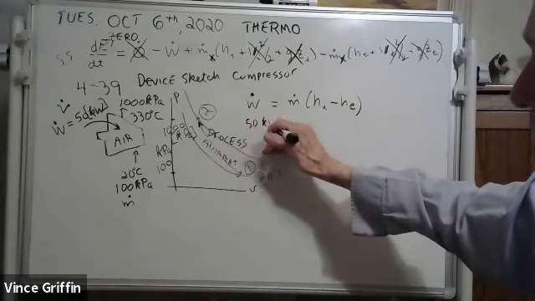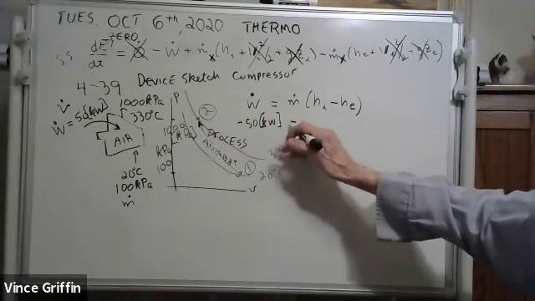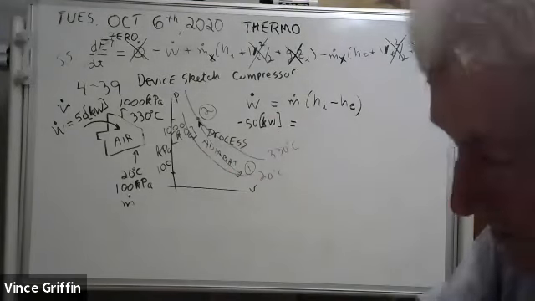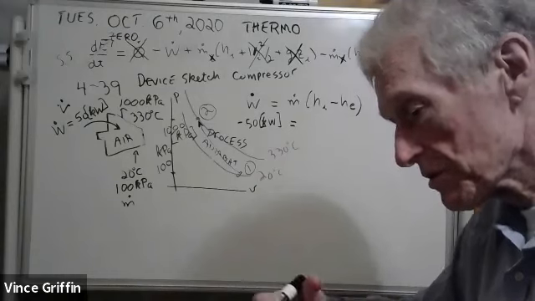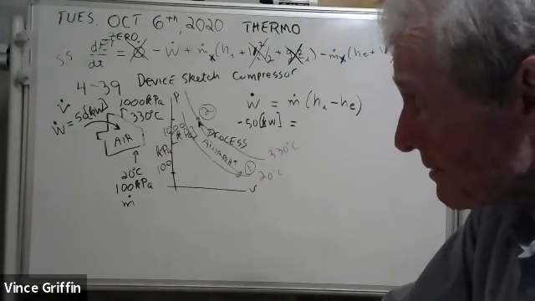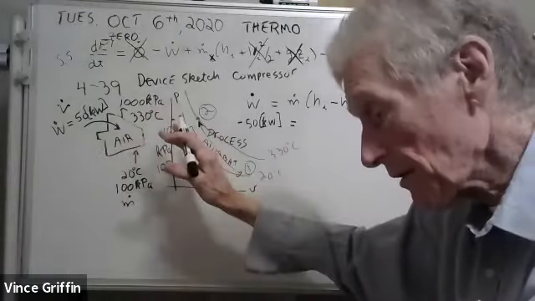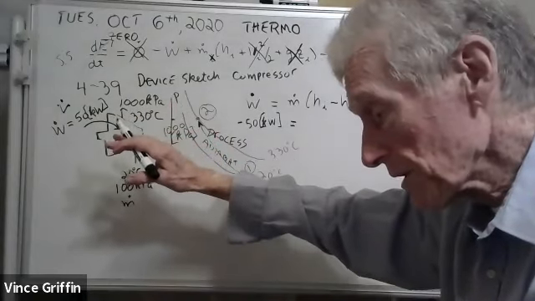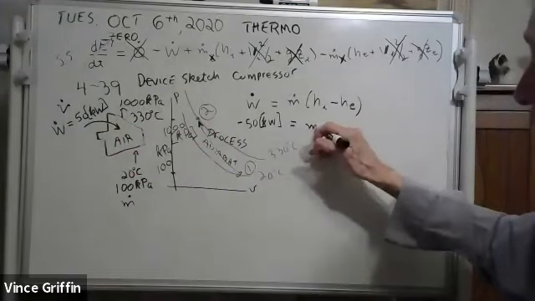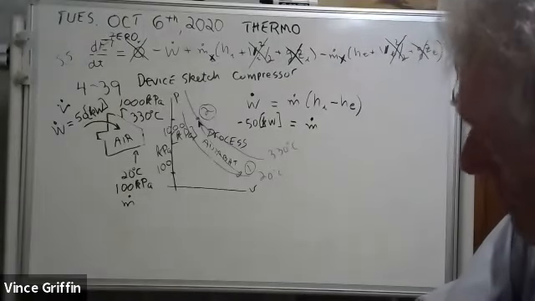But now watch it. It's a negative 50 kilowatts. See, when the power is positive, that means your system is producing power. But compressors don't produce power. They use power. Remember, the turbine, the power was coming out. It was doing work on the environment. So that's a minus. M dot we don't know. And remember, we did that too. We went through that.